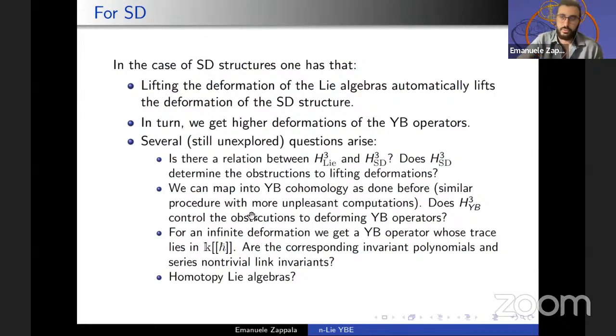So it's good to go and look at these examples. Can you do it with homotopy Lie algebras? Homotopy Lie algebras have all the n-ary operations put together in a compatible way. Instead of choosing an n-ary operation and doing this, can you do it with all of them simultaneously? So can you get an operad that controls the deformation theory of the Yang-Baxter operator and construct the corresponding link invariants? Would it be trivial?